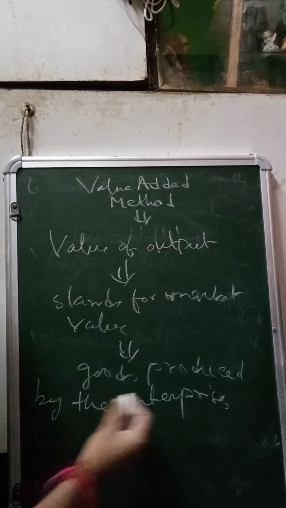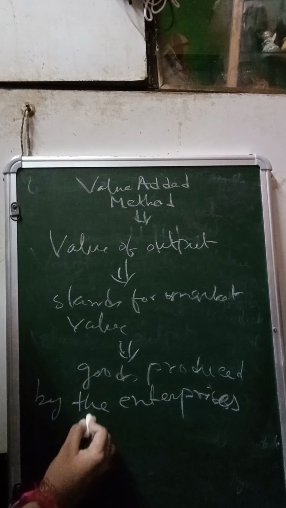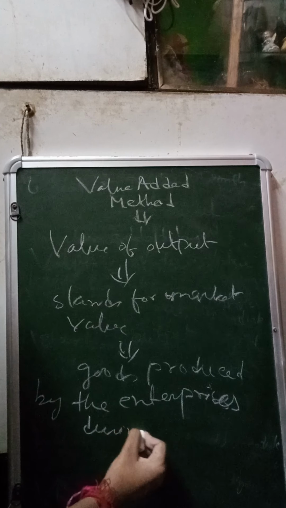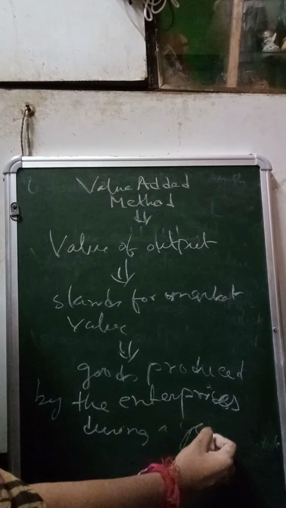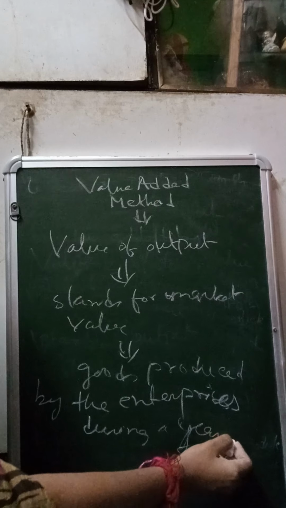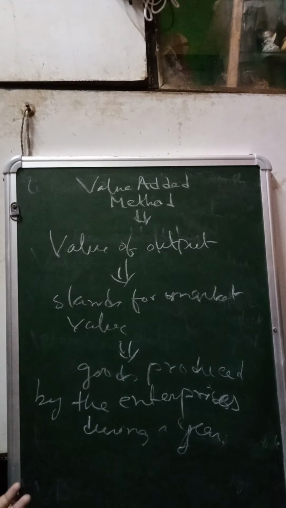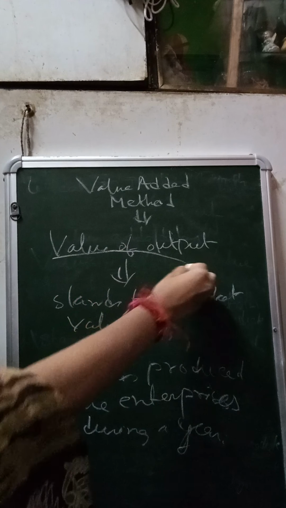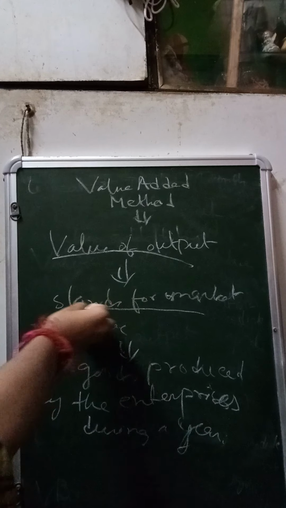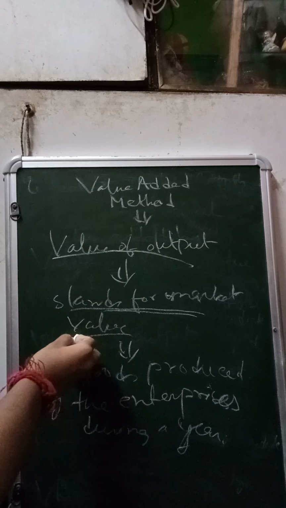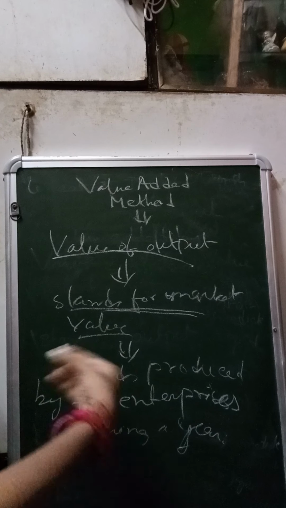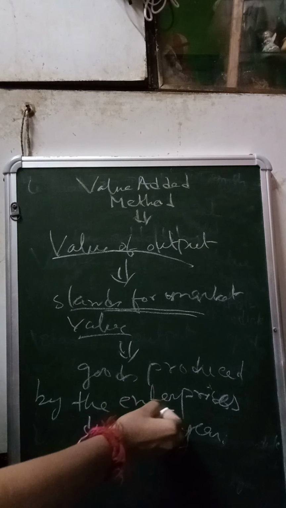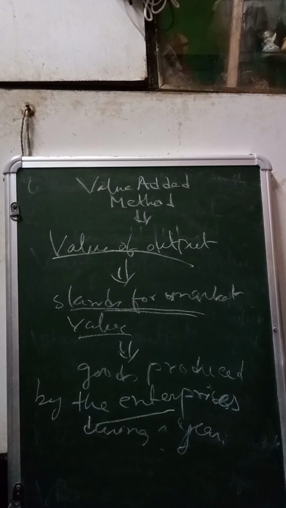I mentioned this just to make your concepts clearer. Value of output is nothing but the market value of the goods and services that are produced by the enterprises during a year.